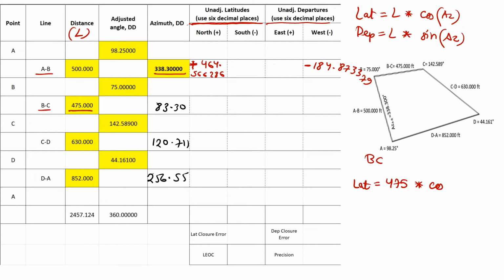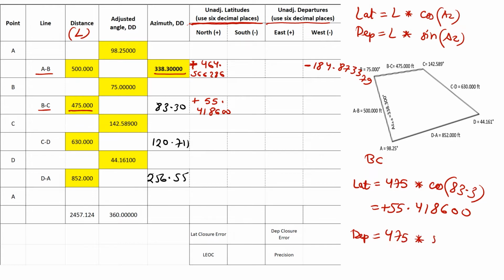So the cos of the azimuth of BC, 83.3. If I do this, 475 times the cos of 83.3, that gives you 55.418600. It is positive, so I write positive 55.418600. So what is the departure? Departure equals length, 475, times the sine.